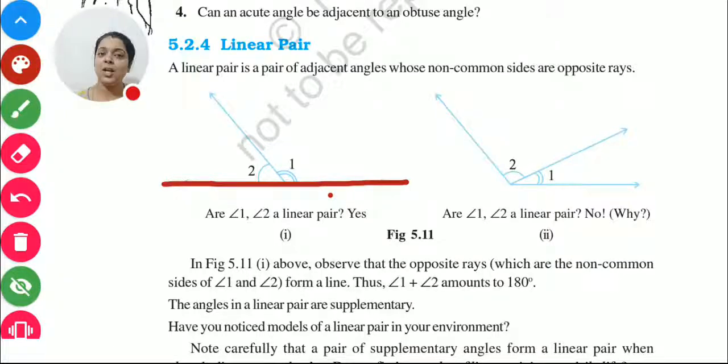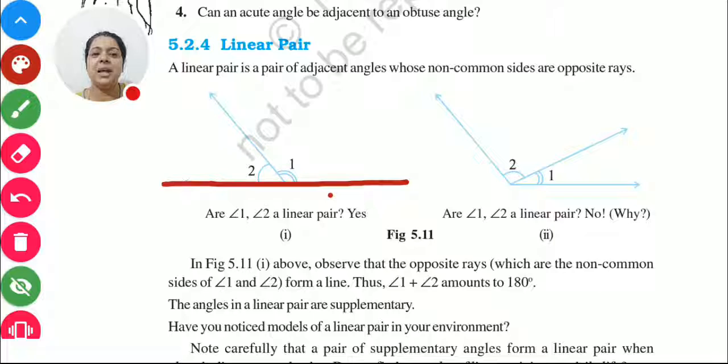A linear pair means two angles which are adjacent to each other, and their sum total will be 180 degrees, so undoubtedly it will be a linear pair. Along with that, it will be supplementary. Remember, a linear pair is always supplementary.